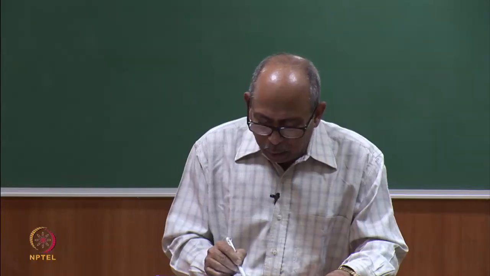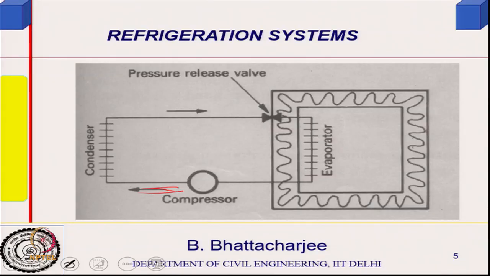So, what is it? You compress the refrigerant here, in the compressor. After compression it condenses into liquid, then there is a small pressure release valve and it evaporates here, and this is all insulation. As it evaporates, it takes the latent heat of evaporation from the surrounding space and becomes gas again, where it is further compressed and condensed into liquid.